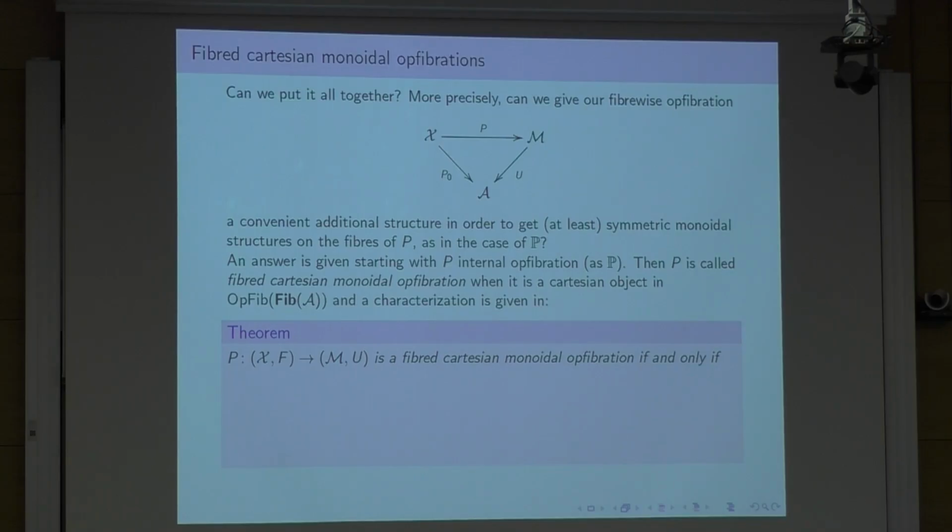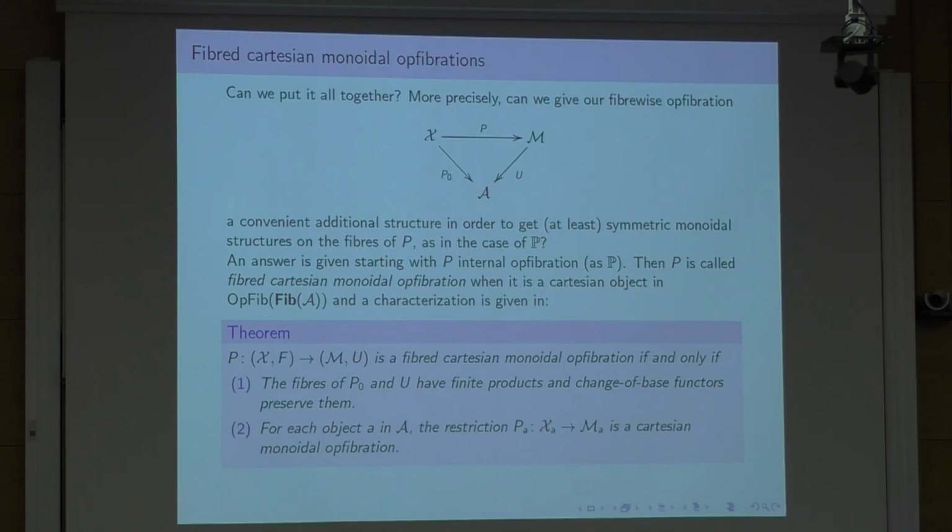So such a P is a fibred Cartesian monoidal opfibration if and only if the fibers of P0 and U have finite products and change of base functors preserve them. And more importantly, for each object A, the restriction PA, which is always an opfibration, in this case becomes a Cartesian monoidal opfibration.